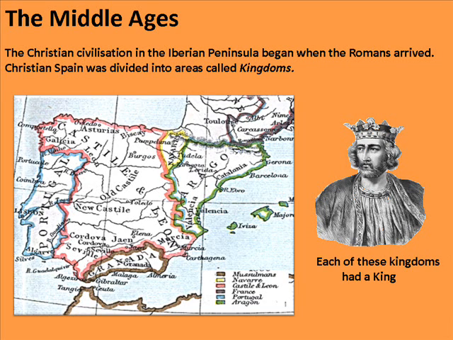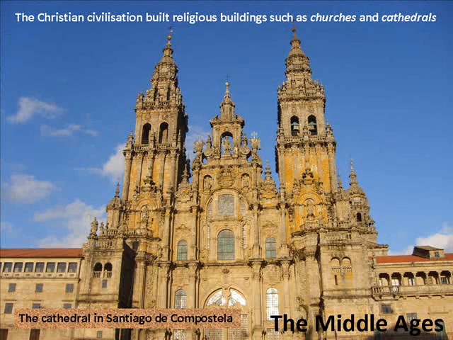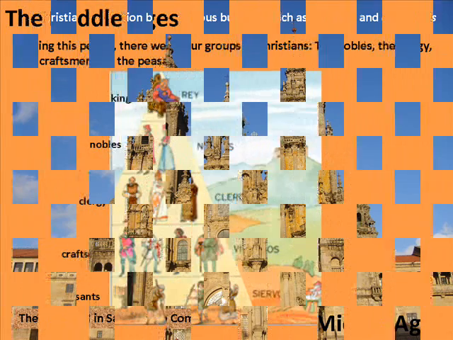Christian Spain was divided into areas called kingdoms. Each of these kingdoms had a king. The Christian civilization built religious buildings such as churches and cathedrals. This is the cathedral in Santiago de Compostela.